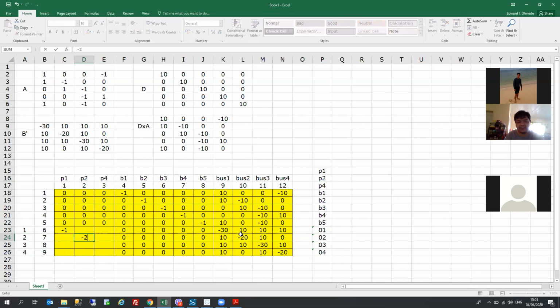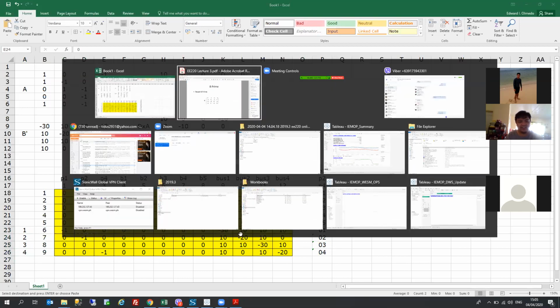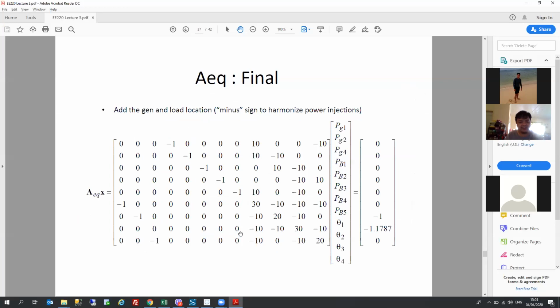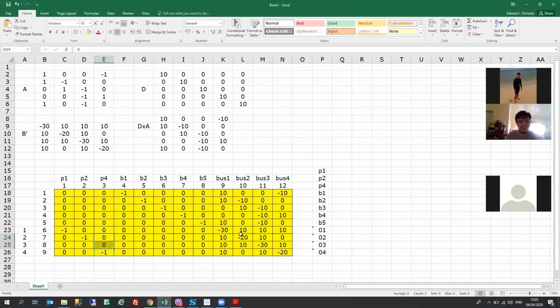P2, syempre nasa bus 2. But yung P4 is not at bus 3. It is actually at bus 4. So nandito siya. Then we'll have to put the others at 0, kasi wala tayong generation sa bus 3. Okay, ito na yung A equivalent.